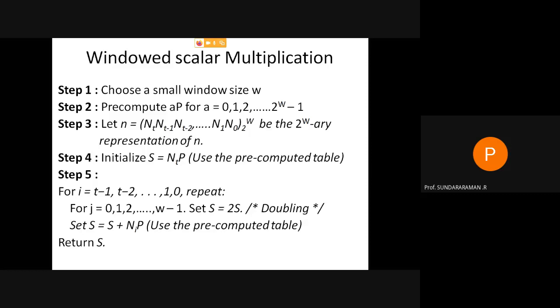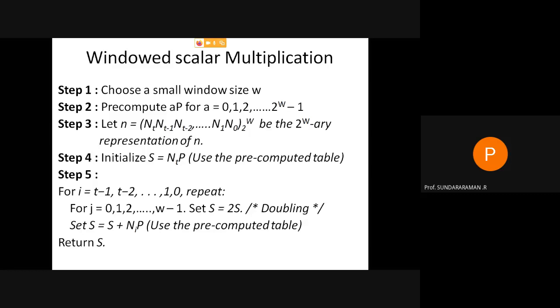This process begins with choosing a window size W, and the next step is, for the given window size, we have to pre-compute AP, where A is a part of the window.